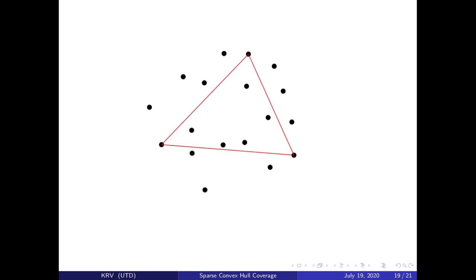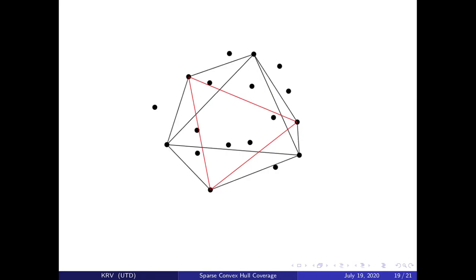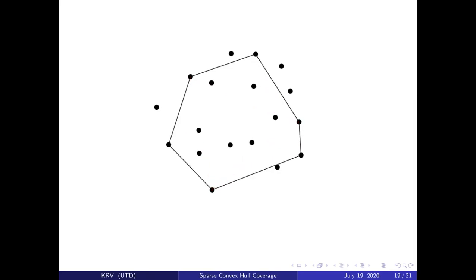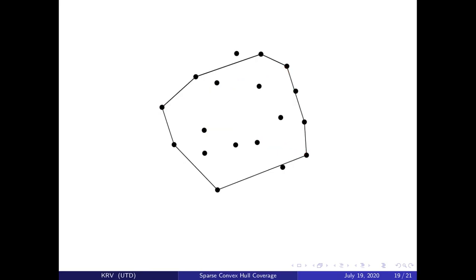So say we have these points, and this red triangle is the first simplex that we greedily pick that improves our objective the most, and now it becomes the convex hull. And then we do it again, we pick another simplex greedily, and look at the convex hull of all of the points chosen so far, which is this. And then do it again, pick another simplex, look at its convex hull. So now we have this.